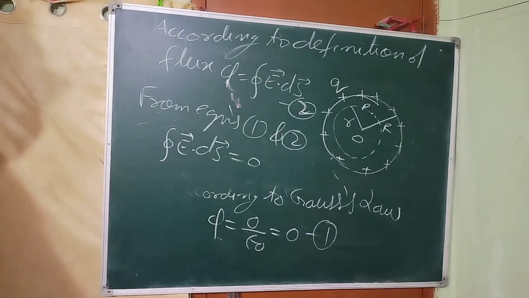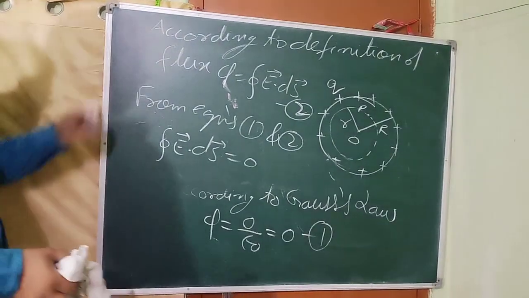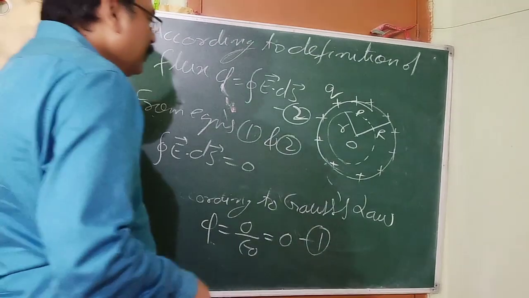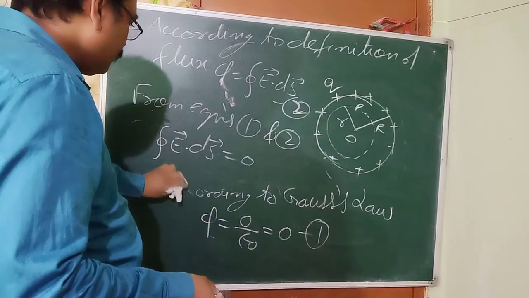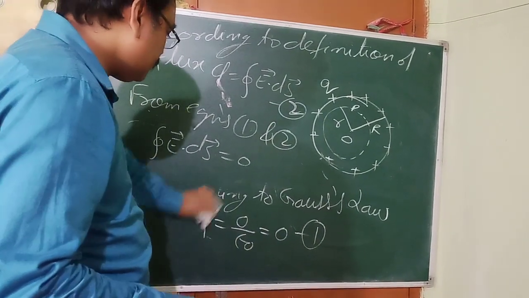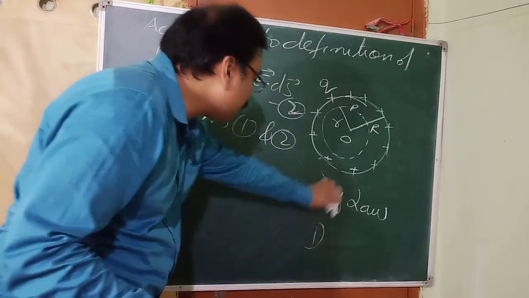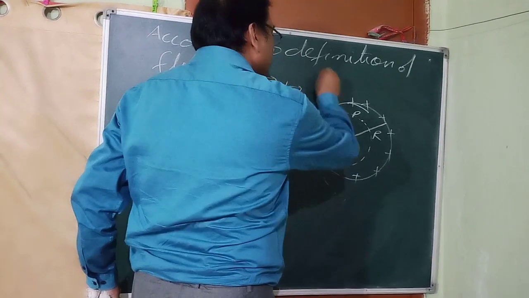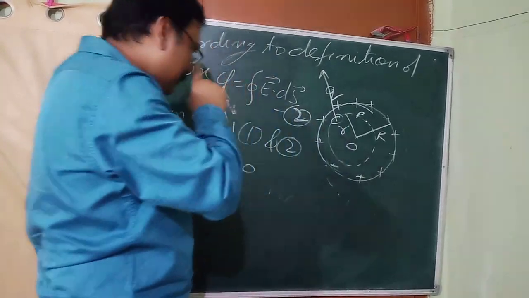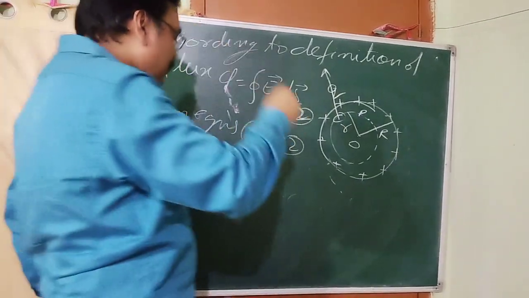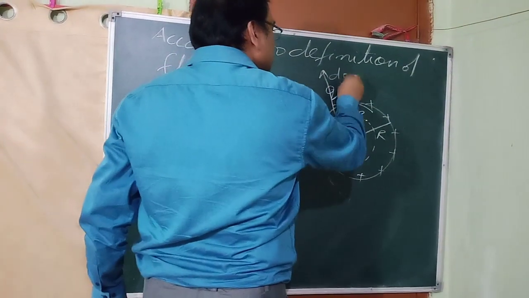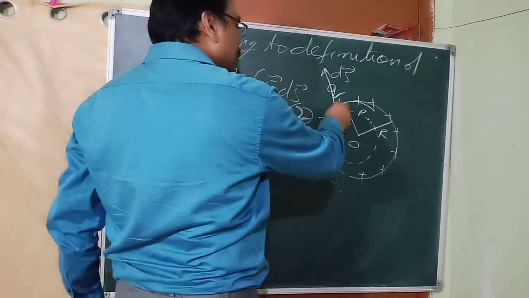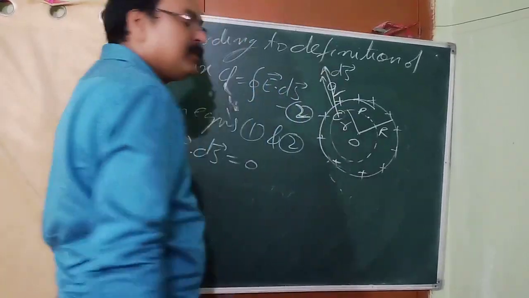Now, what does it mean? See, if you are taking a small area here, this area will be directed outward only. So ds cannot be 0. Electric field is also directed along the same direction, outward.